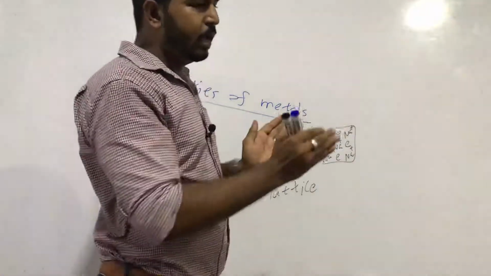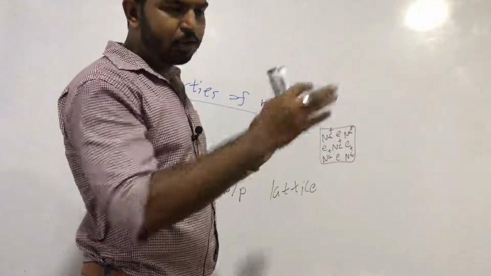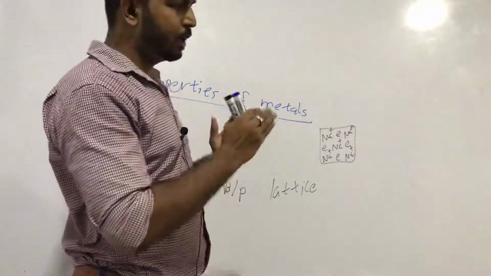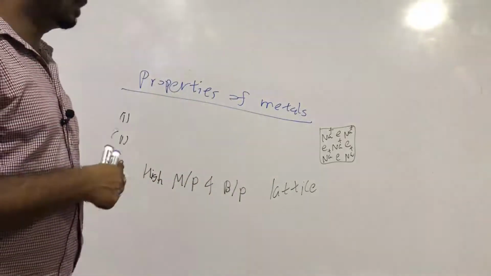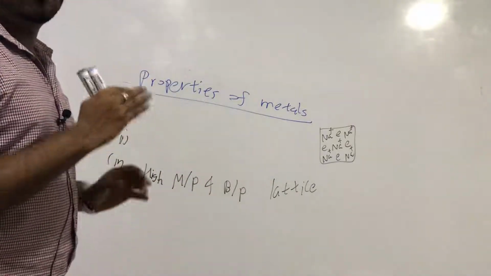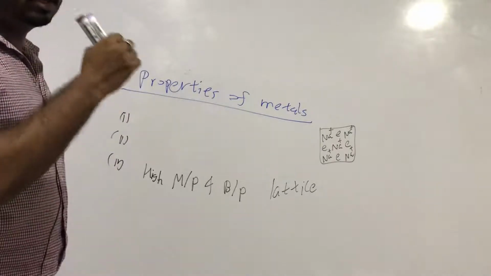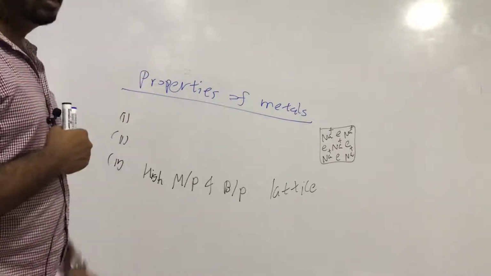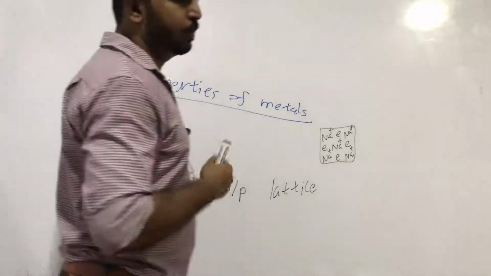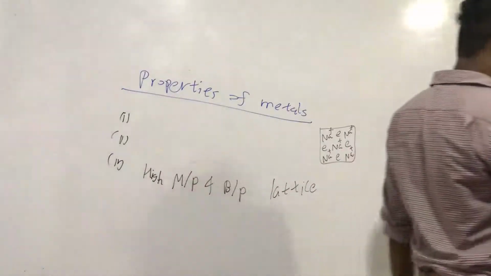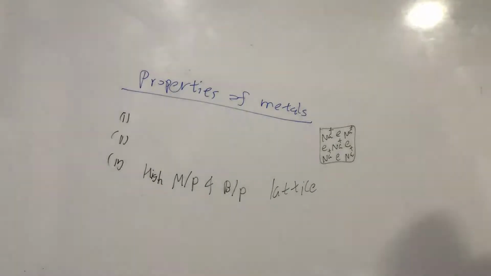Lattice means a unique pattern of arrangement of the ions. Since there is a unique pattern, the metallic bond strength is very high. So metals normally have high melting points and boiling points.